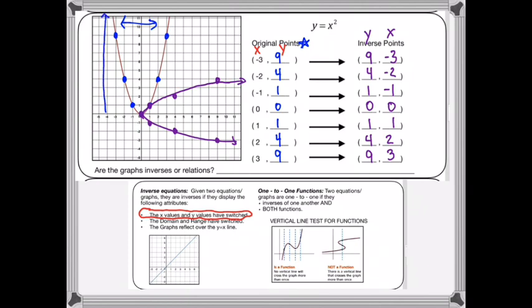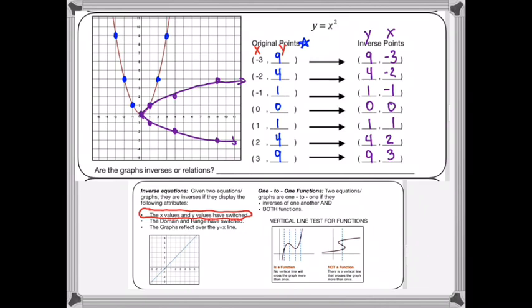Whereas if I look at the inverse, the range now stretches infinitely, and the domain goes from 0 to infinity. That's a really important part as we move through our mathematical progressions here, okay?